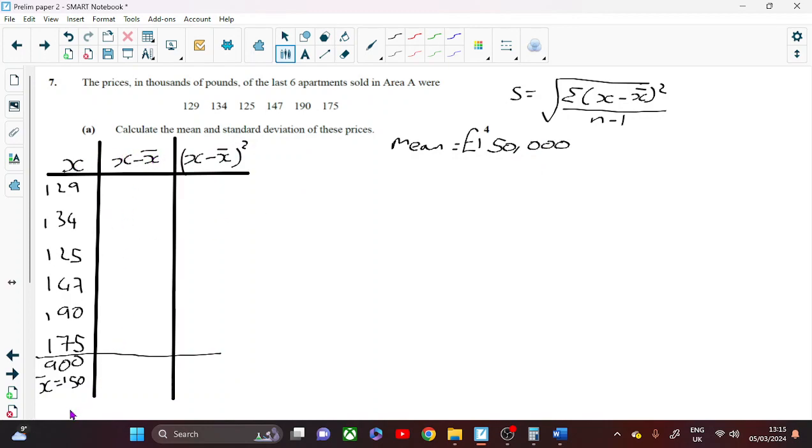X minus x bar. So 129 minus 150 is minus 21. 134 minus 150 is minus 16. We have got minus 25. We have minus 3. In this one we've got plus 40 and we've got plus 25.